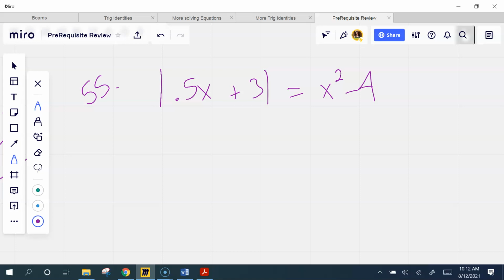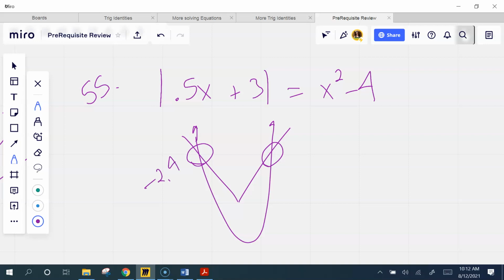This is an absolute value that opens like this, and this one is a parabola, 1/2 stretched out, up 3, down 4. This should intersect in 2 places. This one's just going to be down below it as a parabola, so it's going to look like that. And these 2 places, which are negative 2.1 and 2.91, are going to be your 2 x-intercepts, the 2 places where they intersect.